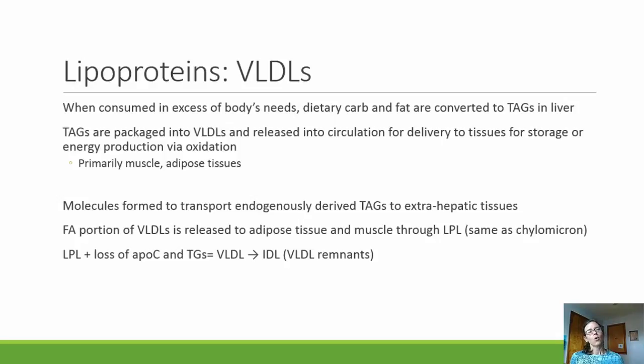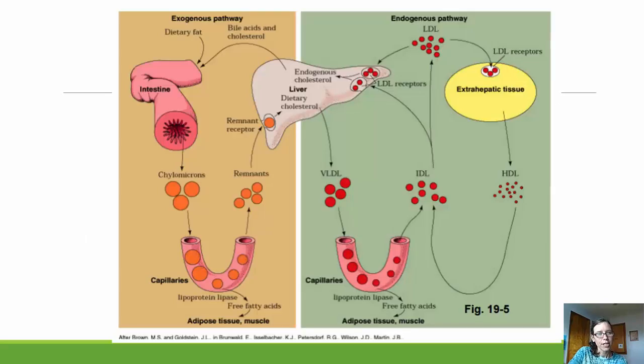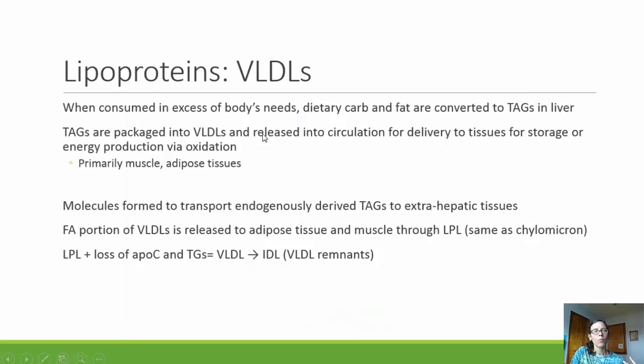We saw in our last picture that we're getting some of the triglycerides and cholesterol left over from our digestion and absorption, but we're also making triglycerides from excess fat and excess carb in our liver.